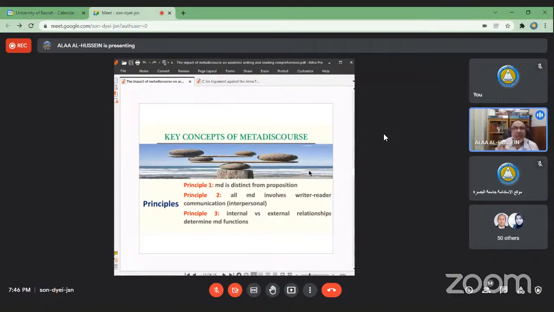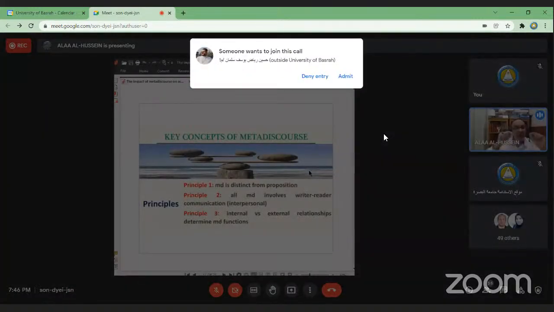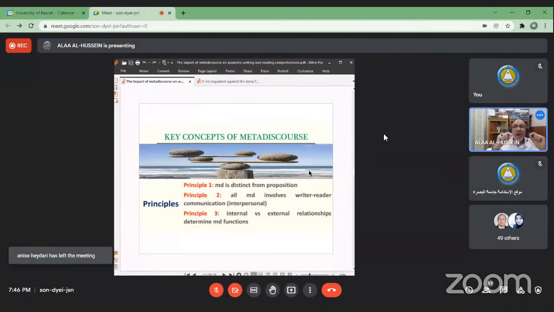Okay? And the last one, principle number 3, internal versus external relationships, which determines the meta-discourse functions, as I explained before, that meta-discourse should be known, identified, distinguished, and analyzed in context.